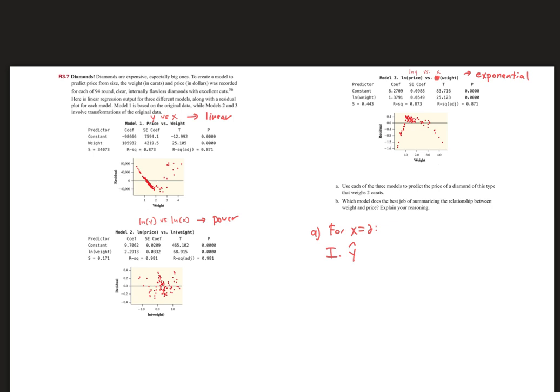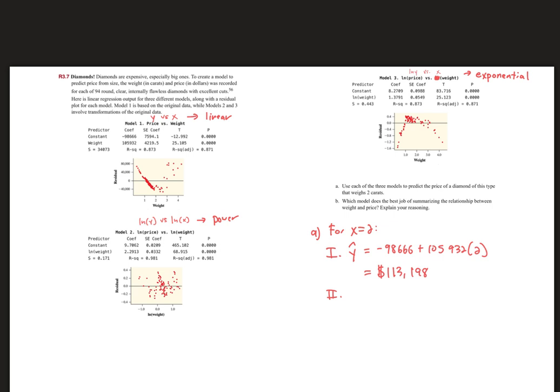So this is just y equals negative 98,666 plus 105,932 times x, but we know x is 2, so we can just plug that in. And we end up with 113,198 for model 1.